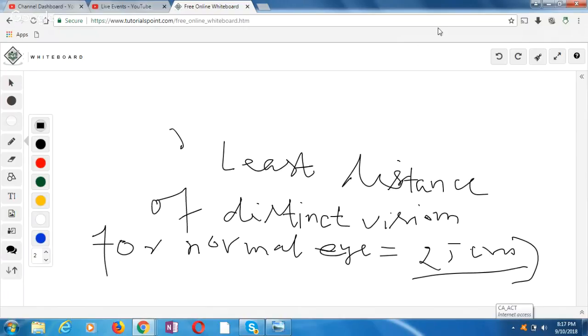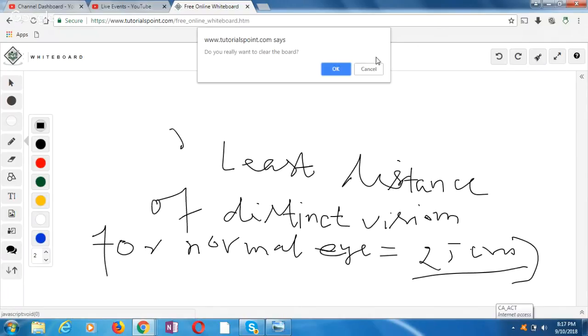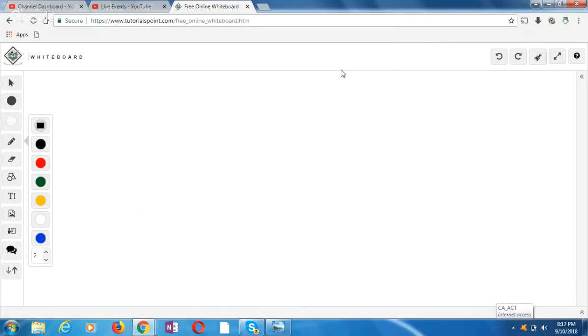Now try to understand, guys, what do I mean by hypermetropia. I have already explained how to overcome this particular defect. When a person is not able to see something which is very nearby, his vision needs to be corrected.